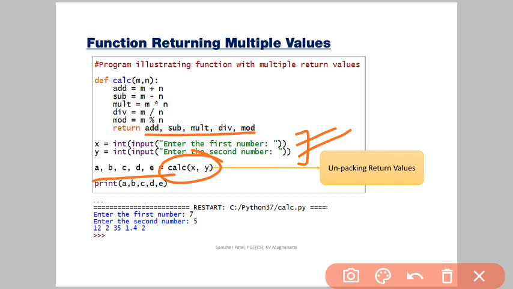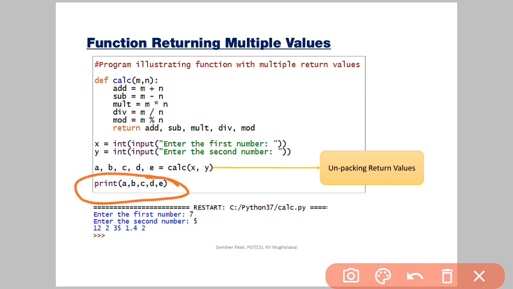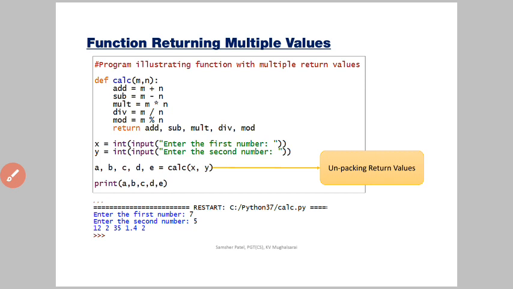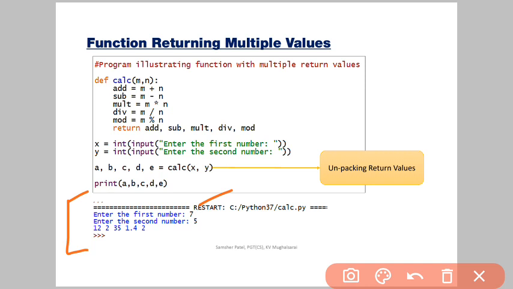That means a will store add, b will store subtract, c will store multiplication, d will store division and e will store modular division. After using the print statement to print the values of a, b, c, d and e, and after running this program, when we enter the value of x as 5 and y as 5, it will print 5 values like 12, 2, 35, 1.4 and 2.